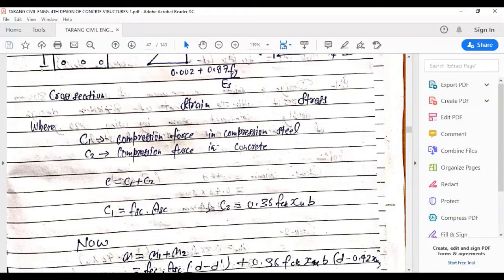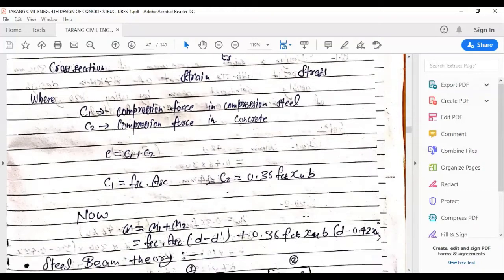As you can see here, it is compression force in compression steel, and C2 is compression force in concrete, hence it is 0.36 FCK XU into B, which is again the formula from the previous lecture.